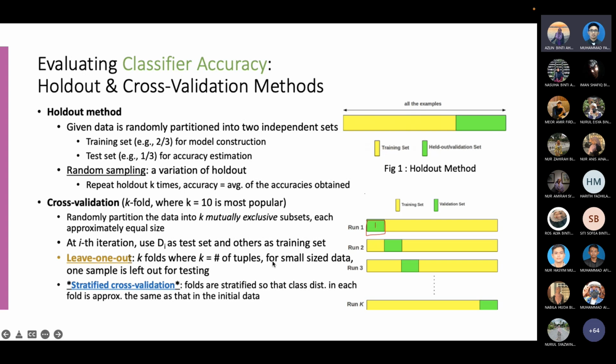For small size data, if you have lots of data, enough data to train your model, you can use the hold out method.